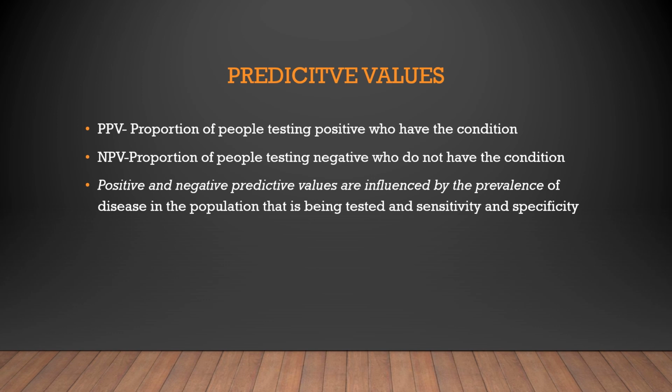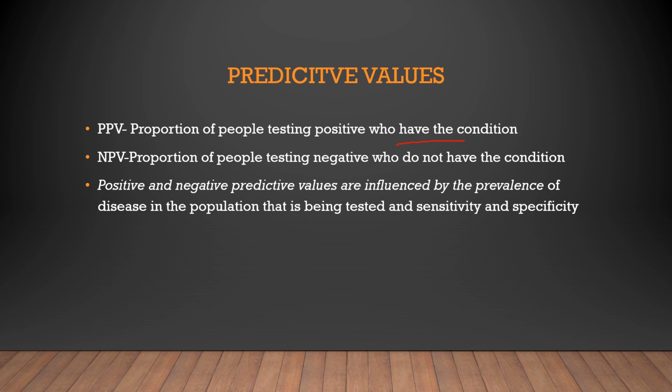Next, coming to predictive values. Positive predictive value is the proportion of people testing positive who have the condition. And negative predictive value is the proportion of people testing negative who do not have the condition. Now this looks very eerily similar to sensitivity and specificity, but it is not actually so. I'll tell you why.